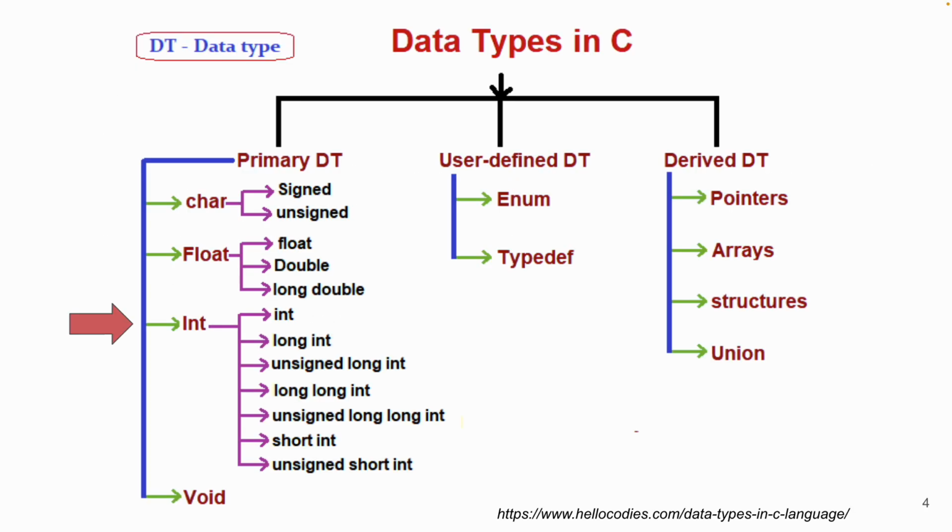Okay, let's check out the tree we have here. This tree just shows you the data types we have in C. For data type we use DT. The primary data types are the basic types we're going to introduce today.